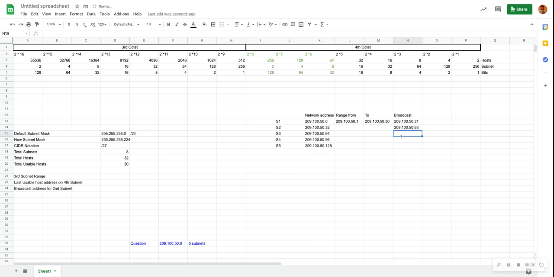It's the last one in each address, and this would be 95. This one to be 127. This one would be 159, I believe. Then we just fill in the usable ones in the middle bit.